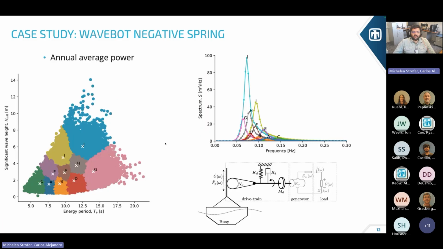And we were looking at the annual power production of the WaveBot. And this is the model for the WaveBot. In this study, we were looking at the drivetrain itself and the inertia in the drivetrain and the spring stiffness in the drivetrain, so KD and MD. And we were doing control co-design of these two parameters.